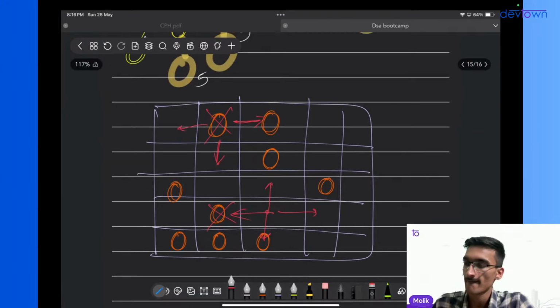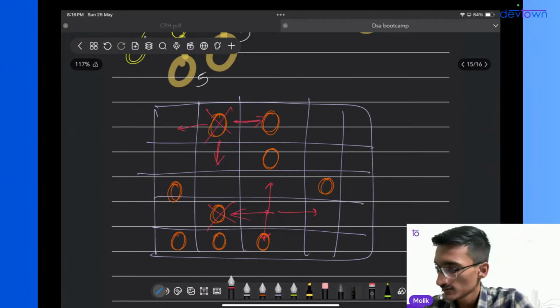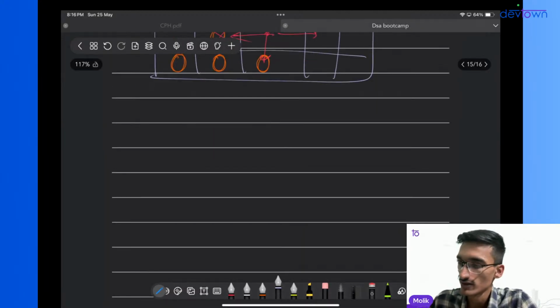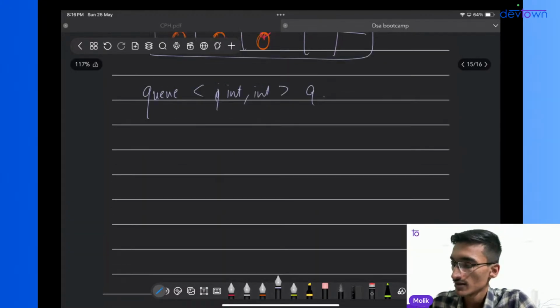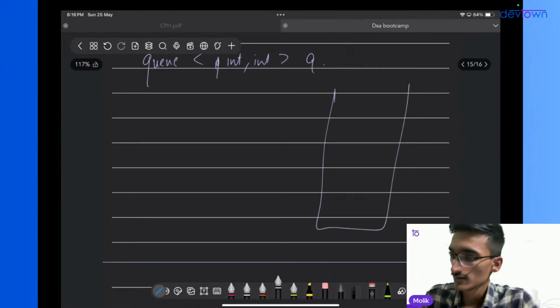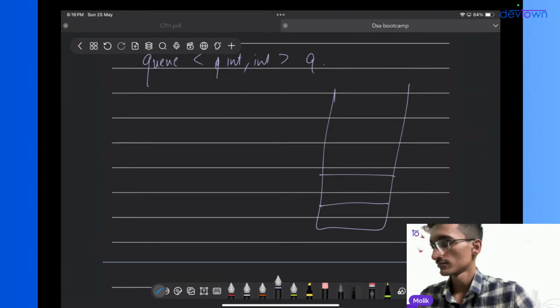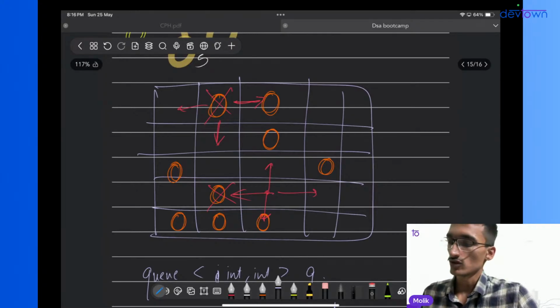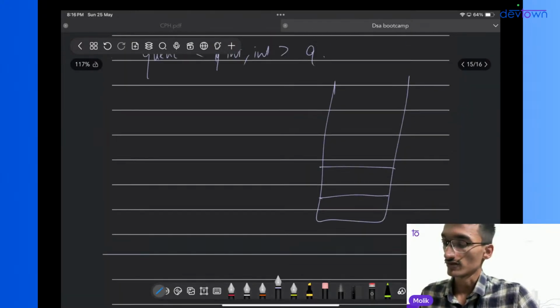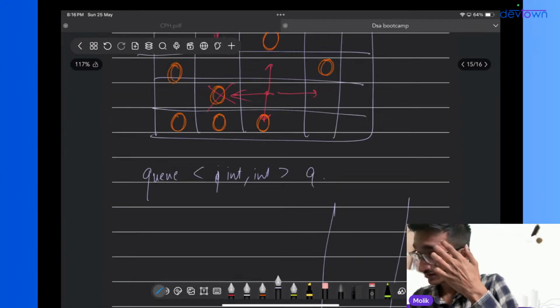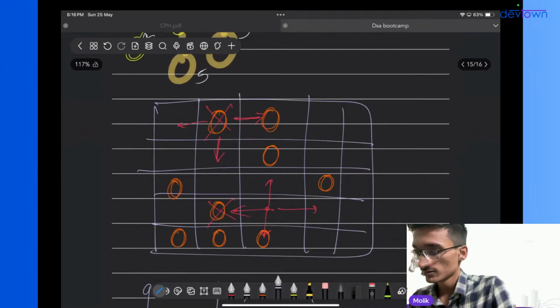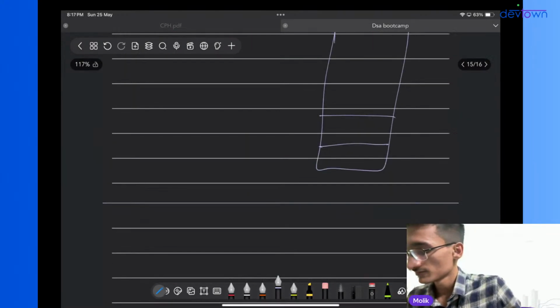So the only modification you need is you take a queue of int comma int, and then you keep in your queue what's this, 1 comma 2 and 4 comma 1, sorry, 4 comma 2.